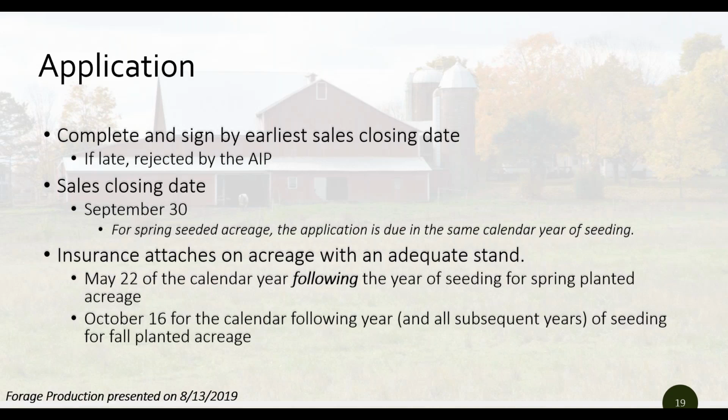So it's kind of a tricky thing, and the dates with forage production are one of those things that sometimes can get a little tricky when you sign your application, when you do your underwriting report, and those kinds of things. So we'll get into the underwriting report. But for the fall planted stuff, our August example, you'll need to have your underwriting report and insurance attaches October 16th of 2020.